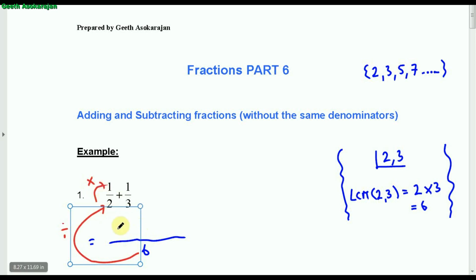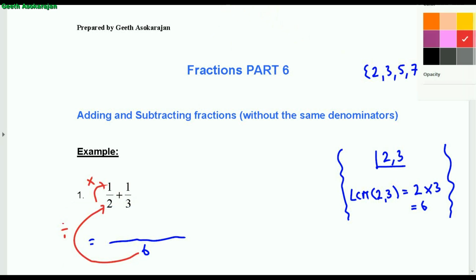We do these operations for both of the fractions in this case. So let me repeat. First we divide the 6 by the denominator and then multiply the answer by the numerator, doing this for both fractions.